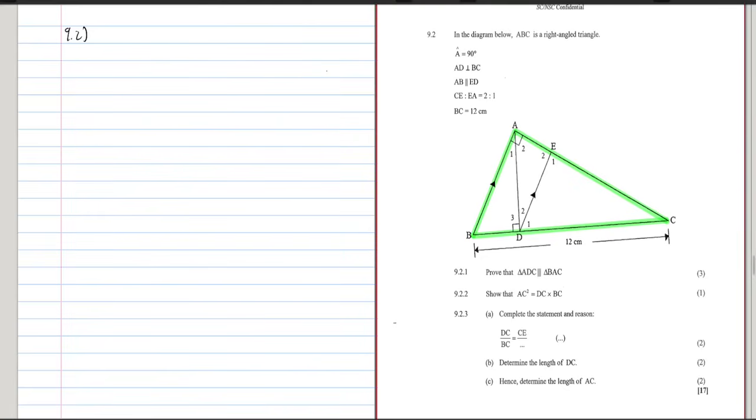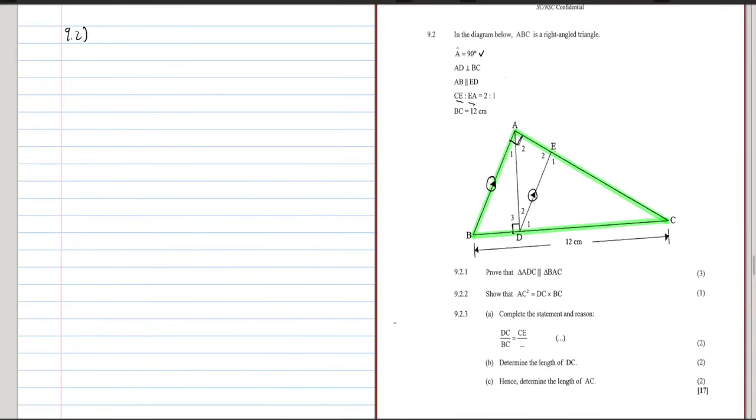Now, before going to the proving and answering the questions, let's check what sort of information we are given. We have 90 degrees, which is this angle, AD being perpendicular to BC. We have another 90 degrees here, and then we have parallel lines, and we have a ratio between two sides, CE to EA.